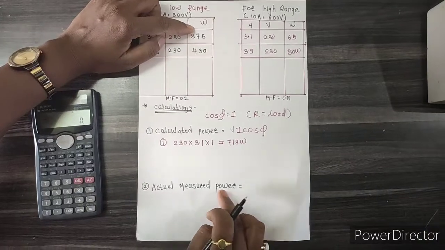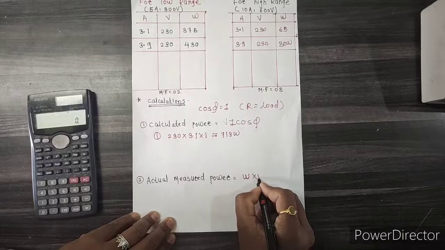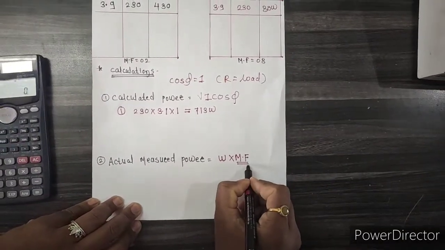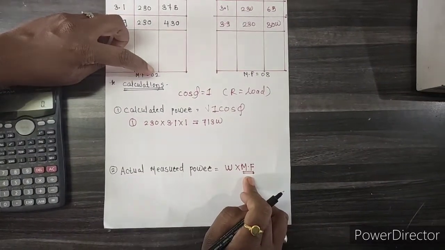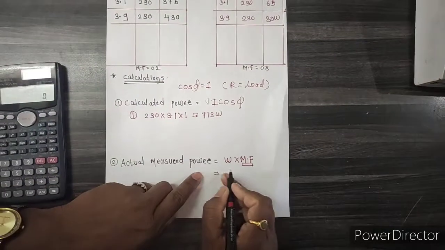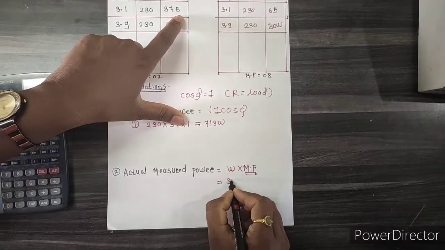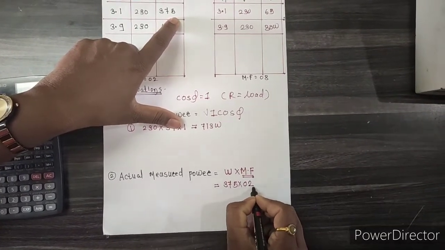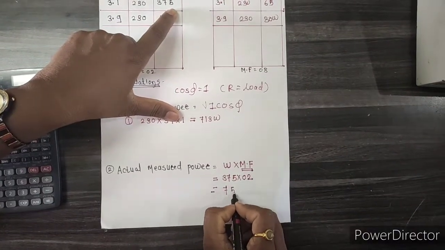Next we have to calculate the actual measured power for this wattmeter reading 375. The actual measured power is equal to the wattmeter reading multiplied by the multiplying factor. The multiplying factor for the low range is equal to 0.2. So the actual measured power is equal to the wattmeter reading 375 into the multiplying factor 0.2. Therefore it is equal to 750 watt.